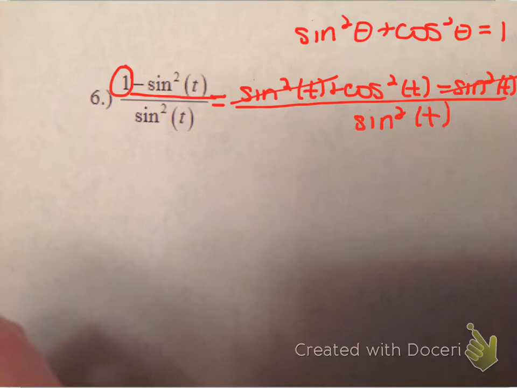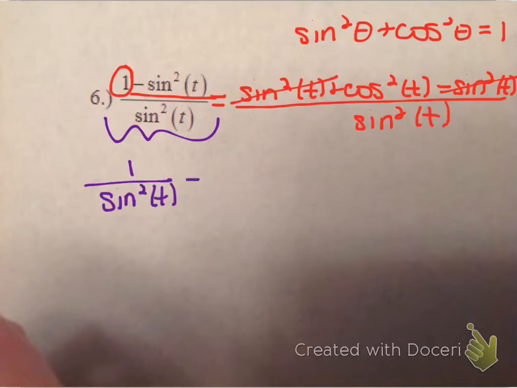Okay, so your other option is to split the fraction up. This fraction right here is the same thing as 1 over sine squared of t minus sine squared of t over sine squared of t.